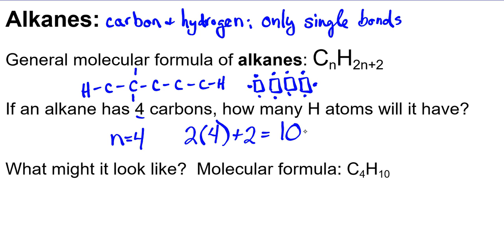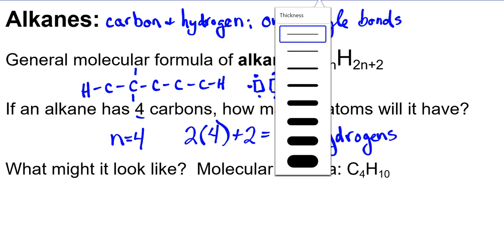So I know that if I have 4 carbons, I'm going to have 10 hydrogens attached. I can also work backwards. If I know my compound has a certain number of hydrogens, I can then work backwards using this relationship to get my carbons.